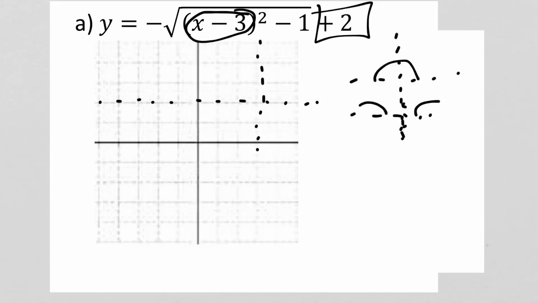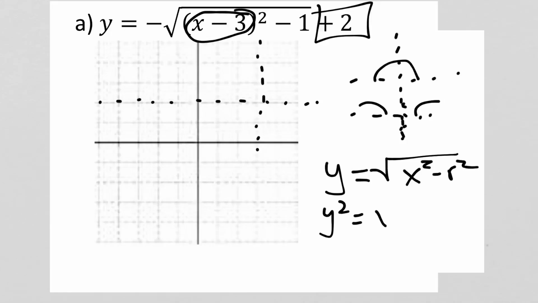So let's, I guess, just figure this out. The way, again, that I keep straight which is semicircle and which is semi-hyperbola is that I think about the basic mother function, square root, in this case, of x squared minus r squared. I square both sides. I get y squared equals x squared minus r squared, and then I get the x and the y on the same side.